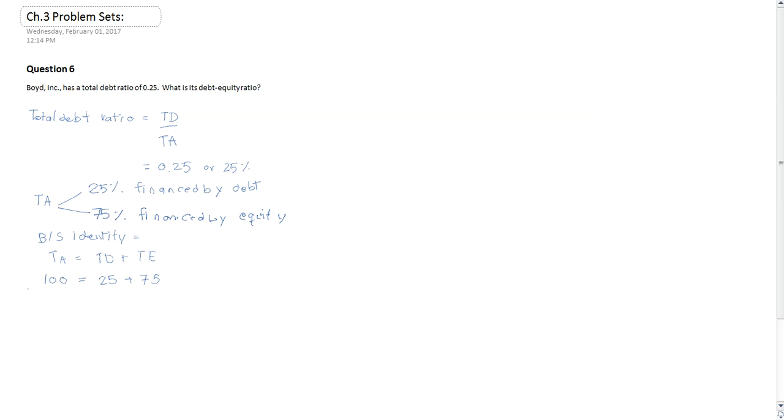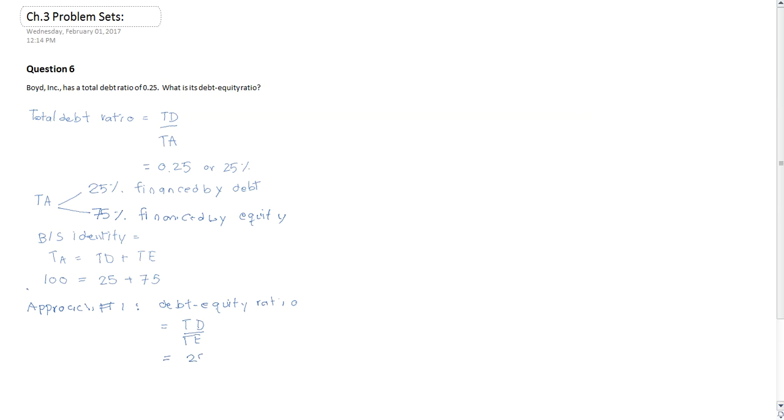All right, so these ideas already give you some idea of what the proportion of debt and the proportion of equity that the firm has will be. So this leads to approach number 1. To find debt to equity ratio, we can simply use total debt divided by total equity, and it doesn't have to be a dollar amount, it can be a percentage amount as well.